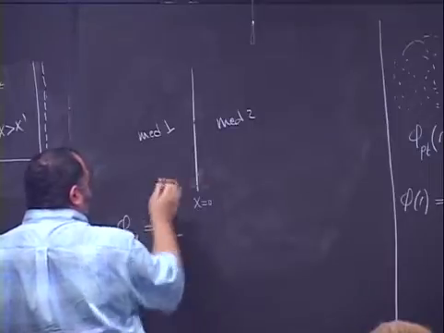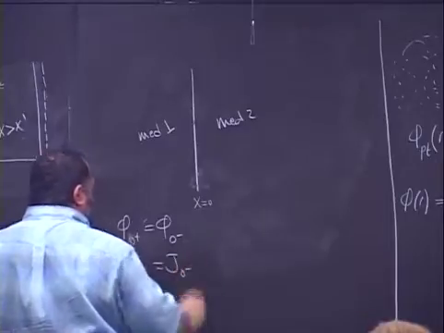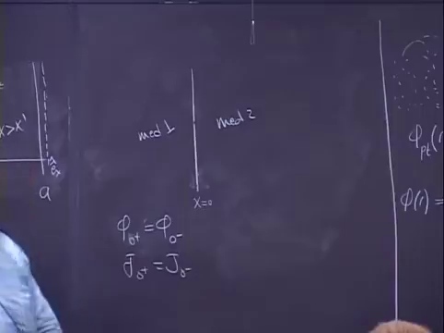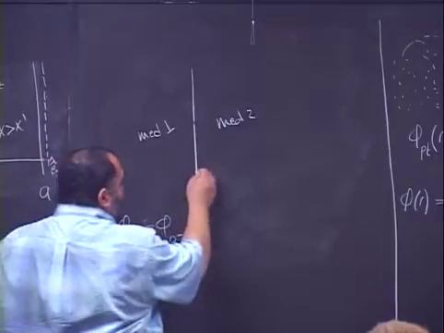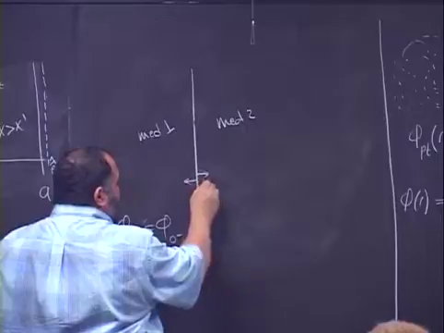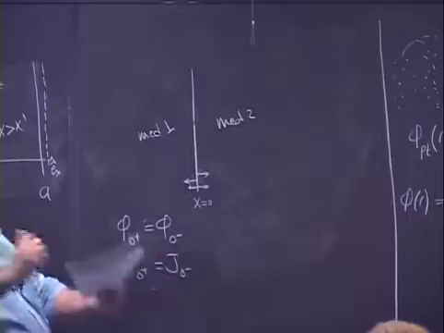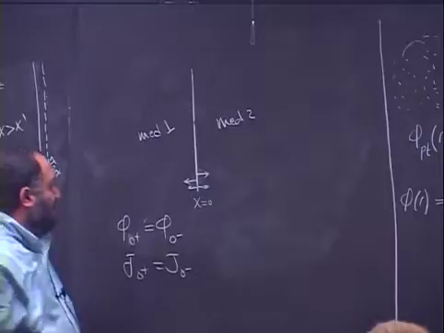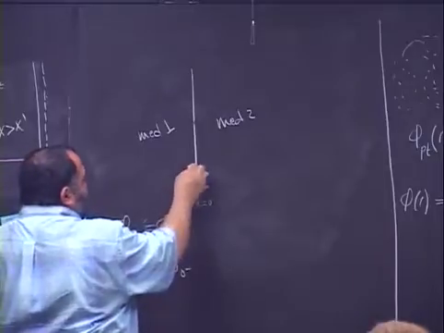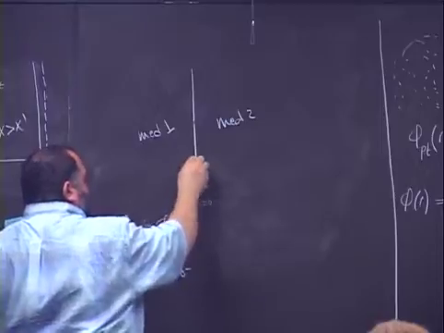And also the current at 0 plus should be equal to the current at 0 minus. But this is if we do not have any sources at the interface between the two media. If we have sources, this means there is emission of neutrons from the source in both directions. So the flux will be the same, because the flux is the total number of neutrons going everywhere. But because you are talking about directionality now, the current means the number of neutrons moving per centimeter square in this direction.